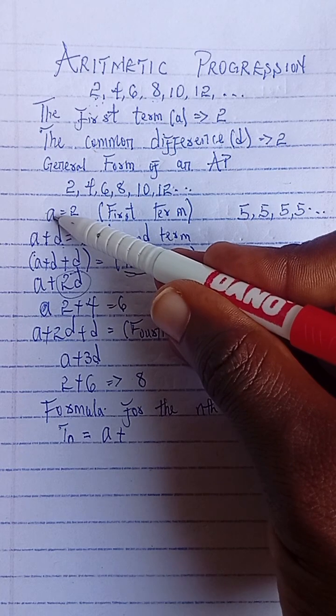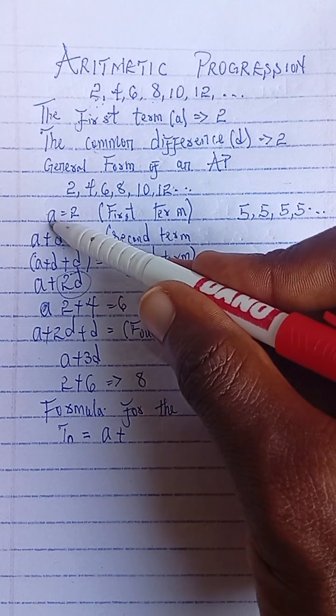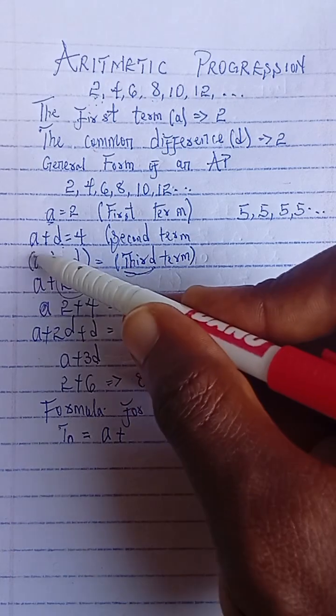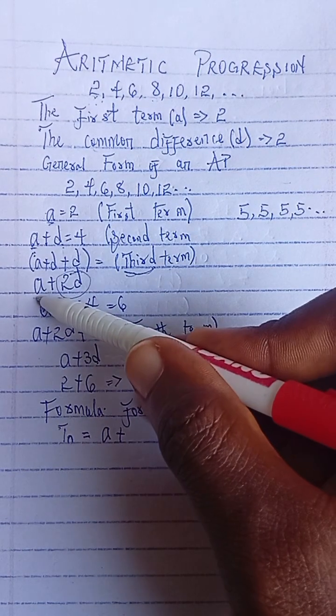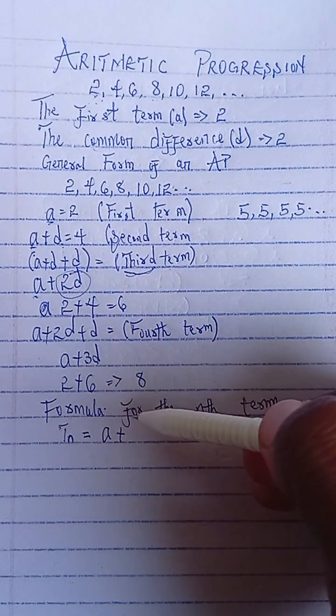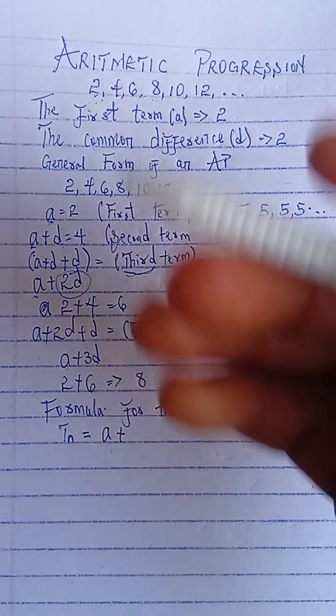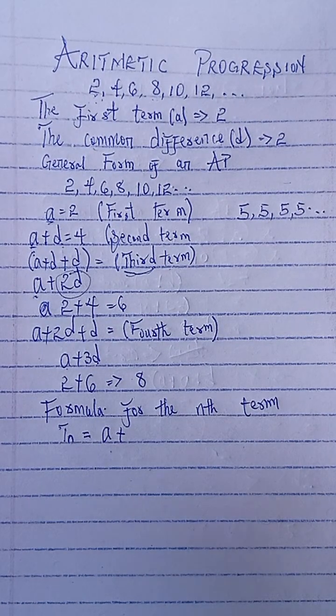A started here, A started when we had the second term, A started when we had the third term, and A started when we had the fourth term. So in the formula, A must come first because that's the pattern it always follows.